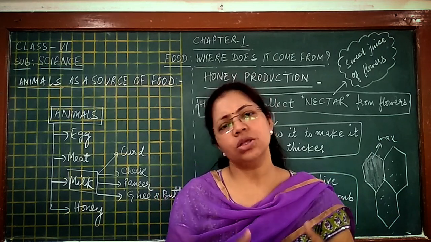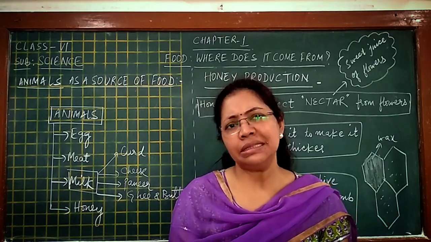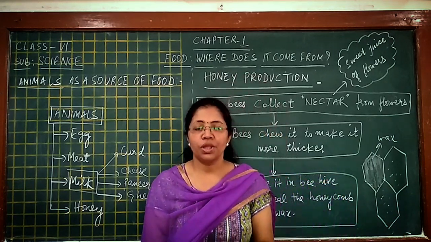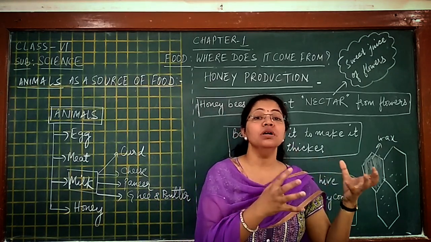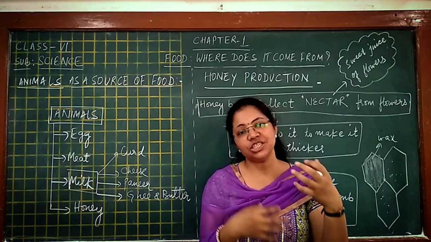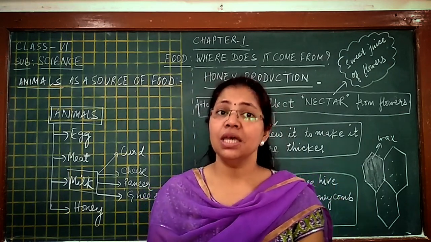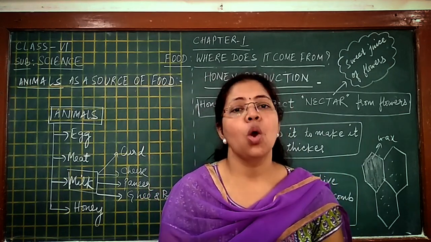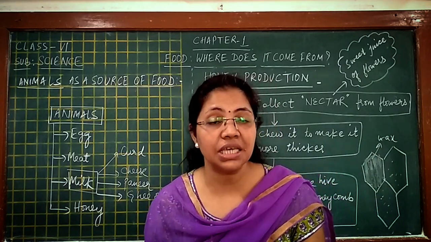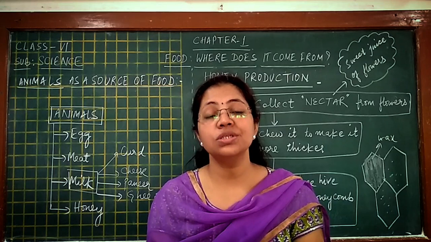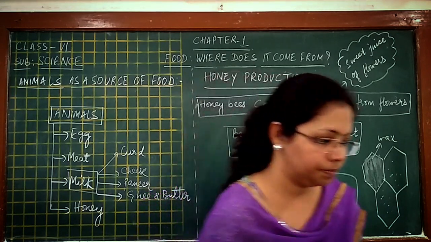Do they take the same kind of food items in their diet? No. Different animals consume different kinds of foods, and based on their food habits only, we have divided all animals into 3 groups. So let's see what those 3 groups are.